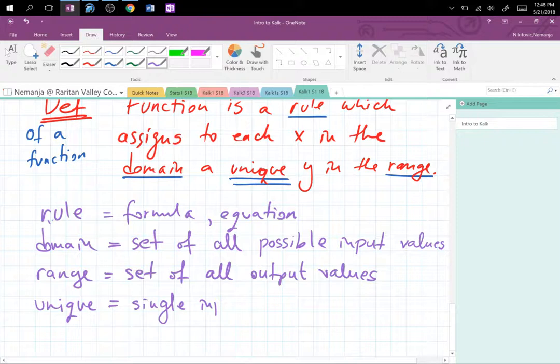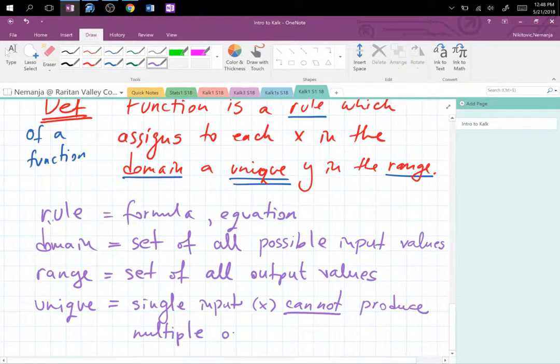A single input, which is x, cannot produce multiple outcomes, which is y.